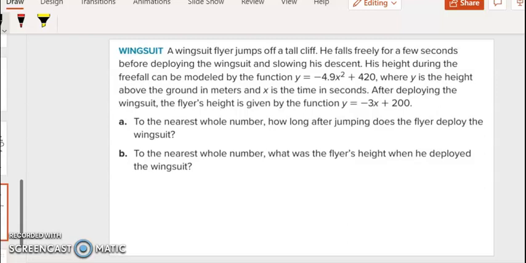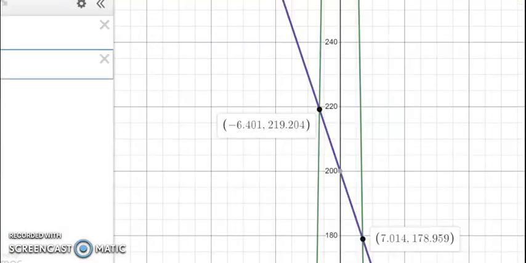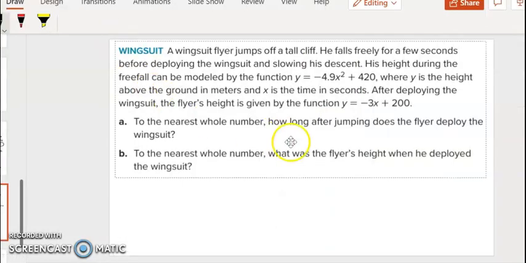Now, our x is our time. We would not have negative time. So we're going to look at this positive time of 7 seconds.